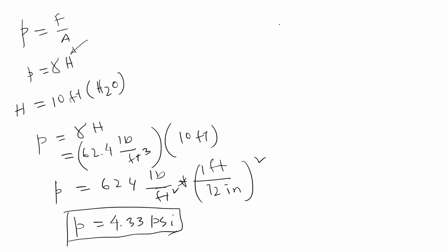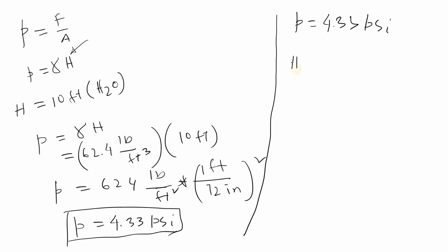Similarly, you may be given PSI and you have to find out in terms of certain liquid pressure head. So if you are given P equals 4.33 PSI, for example, pound per square inch, and then you are asked, what is this pressure with respect to the head of water?